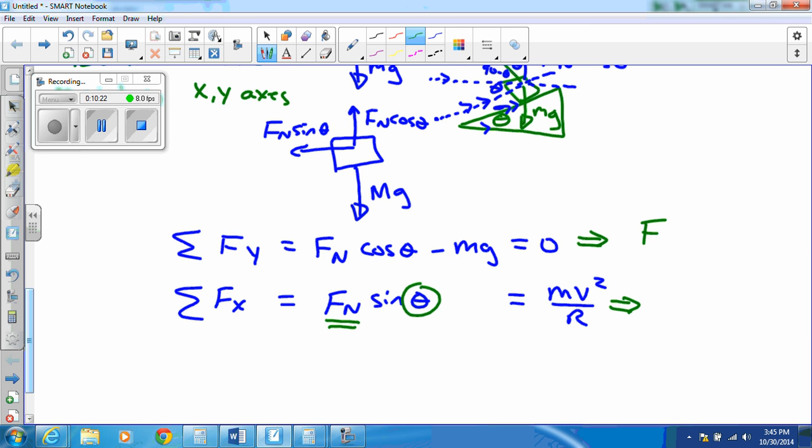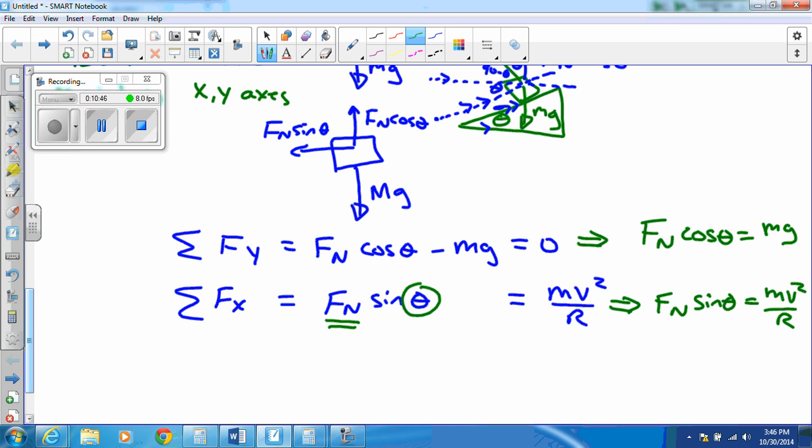What I'm going to do is I'm going to divide one equation by the other, and it looks like this. Fn cosine theta equals mg, and Fn sine theta equals mv squared over r.